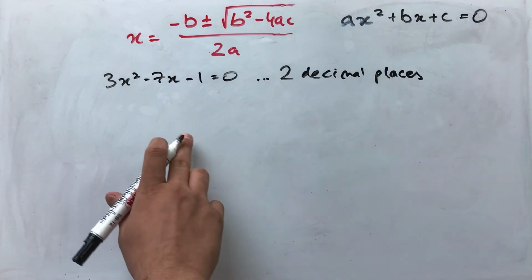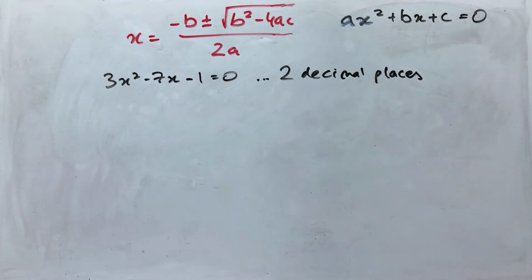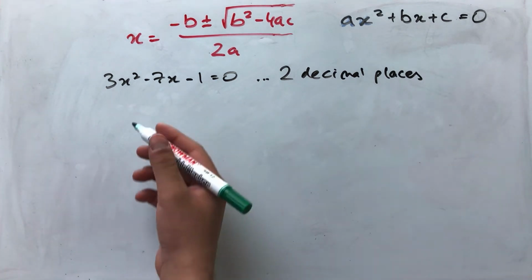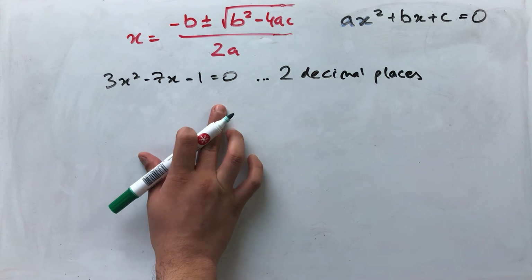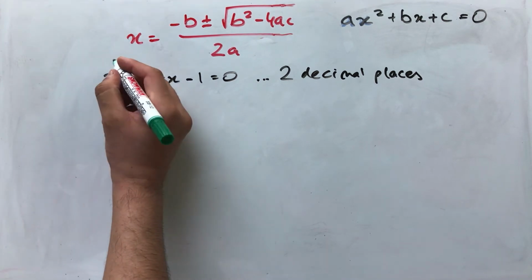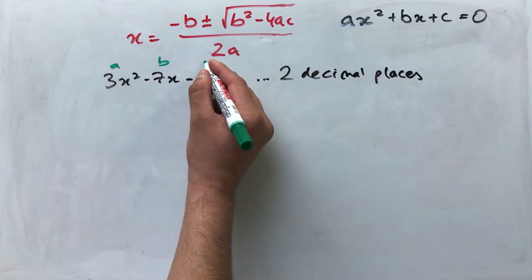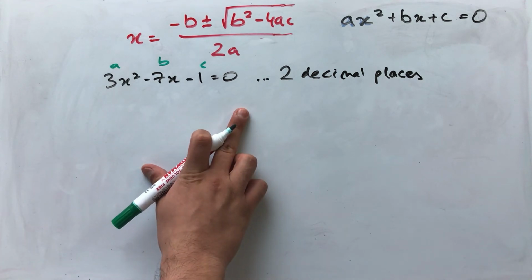So we're going to use the quadratic formula right over here. I'm going to switch back to my green pen. Okay, so let's go ahead and apply the quadratic formula to this, right? First of all, we want to make sure that this is in the right form. Yes, it is. We have the ax squared right here, we have the bx and the c in their proper positions.